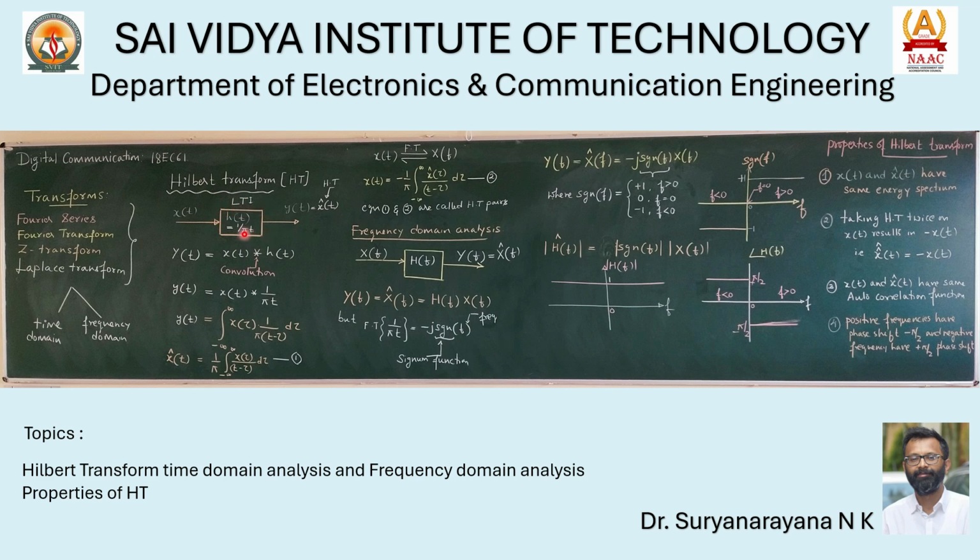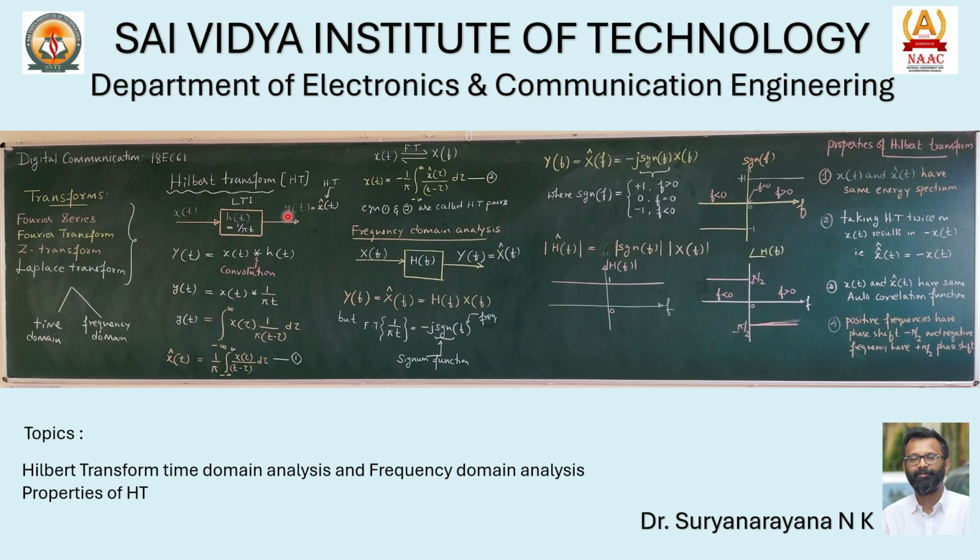So for an LTI system, that is a linear time invariant system, which is having input x of t, system response h of t, which is given by 1 by pi t, with output y of t. Y of t is nothing but the Hilbert transform of x of t.